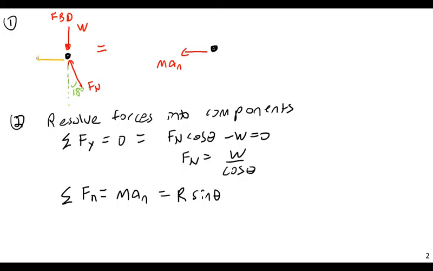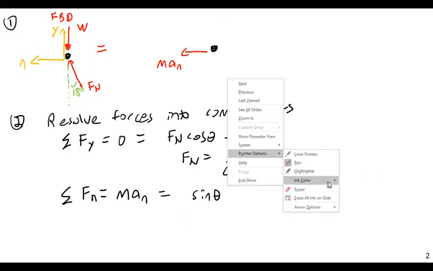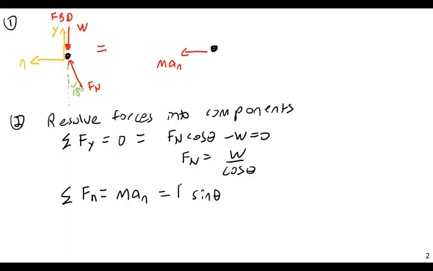So this would be the n-axis and the y-axis like this. And so I'll have Fn sine theta, the normal force sine of theta, equals, now I need mass, but I've been working with weight, so I'm going to use W over G times A n.